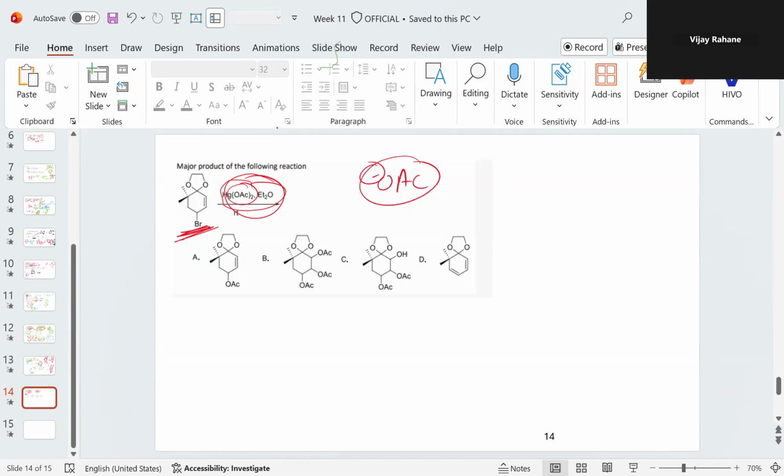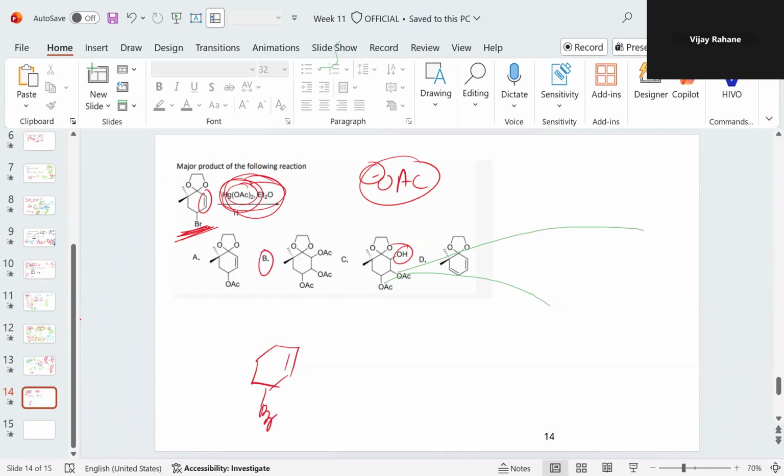Reaction of the olefin with the acetate. So it can show either reaction with this double bond or also with this bromine. But this hydroxide... I believe this answer C is the one.